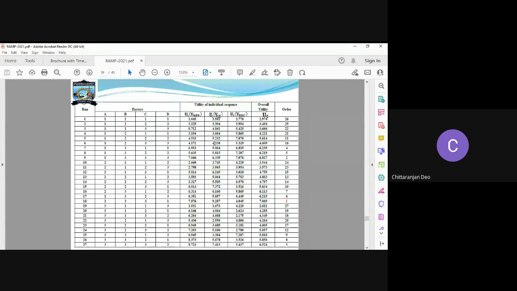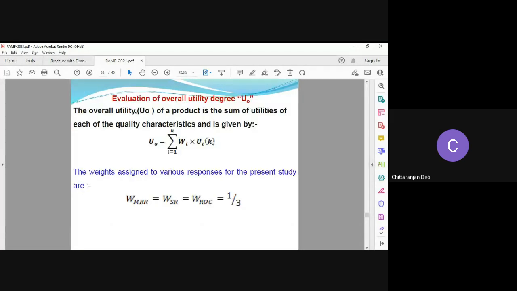The overall utility is calculated using this equation, where we assign a weight percentage to different responses. In the present study, we have given equal weight to all the responses, so that's why we have taken the weightage for the MRR, the surface roughness, and the radius of overcut as 1/3.